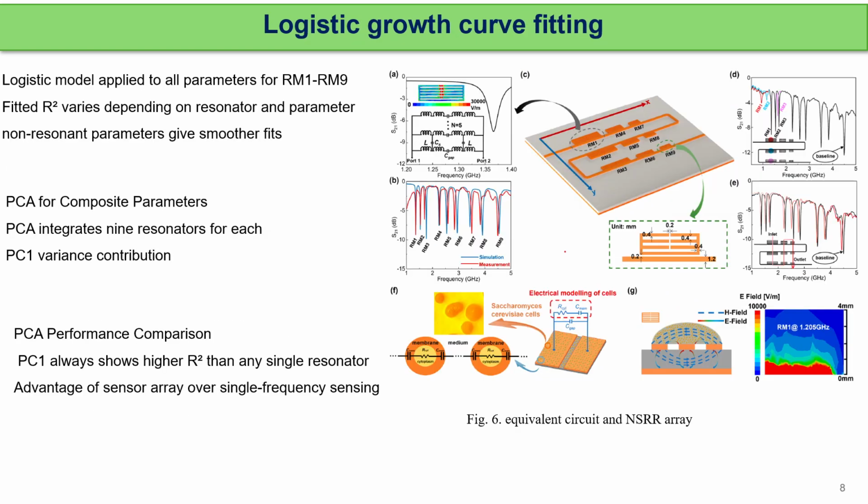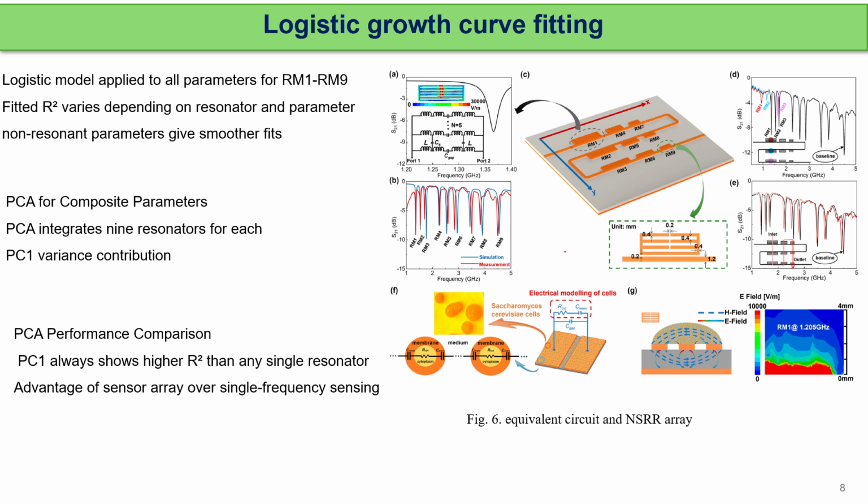To model the growth, we applied a logistic curve to all parameters from RM1 to RM9. The R square values vary depending on the resonator and parameter. In general, non-resonant parameters give smoother fits.